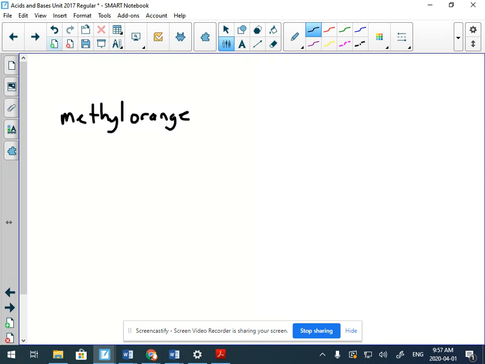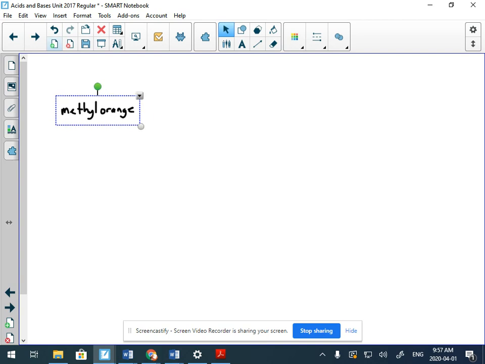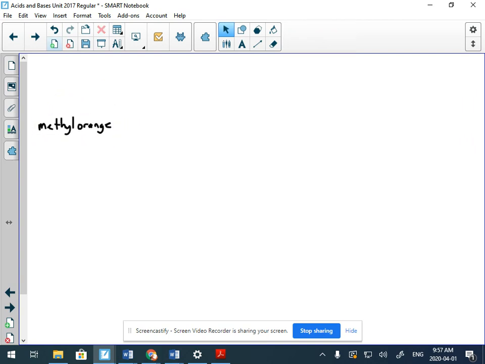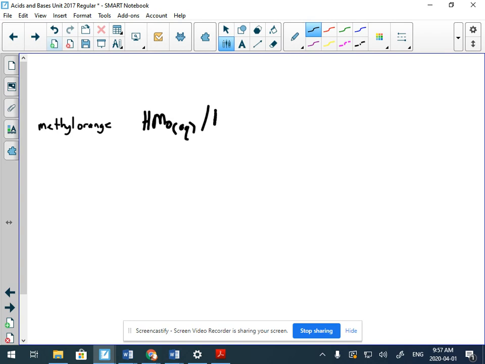Okay, so you've got your data booklet now. Methyl orange has a very complicated chemical formula, so the next bit of the table shows a shortcut of HMO and MO. MO is not an element on the periodic table. It's a shortcut for methyl orange.